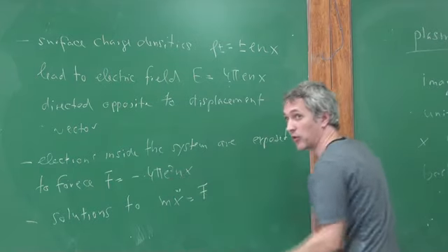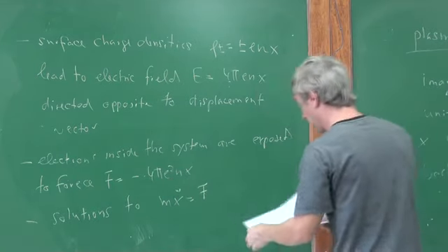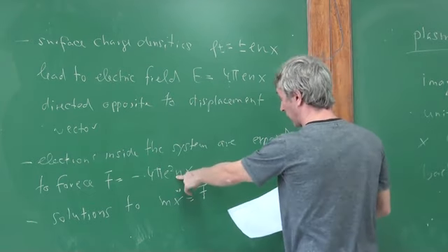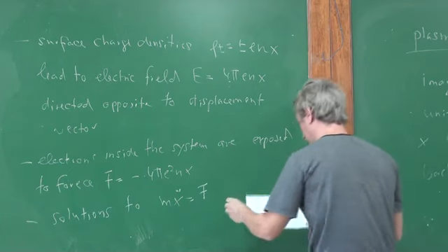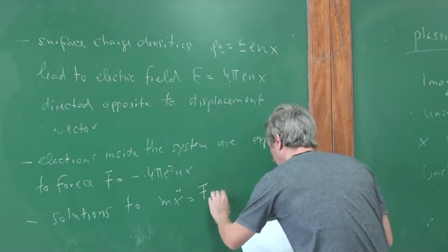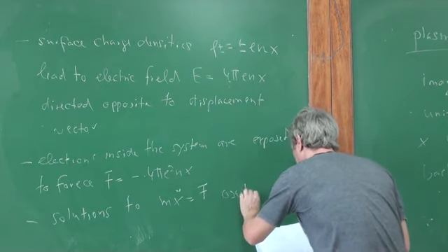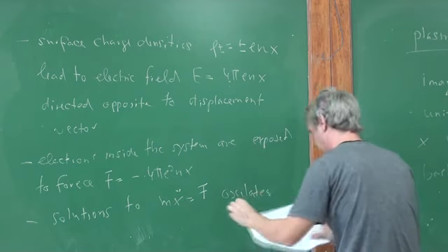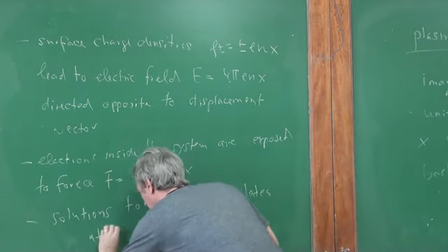Okay, so you get an oscillation in the square root, given by the plasmon frequency. The solution oscillates at omega p.